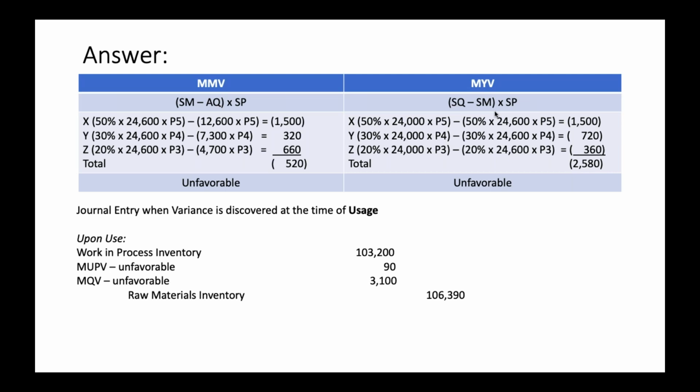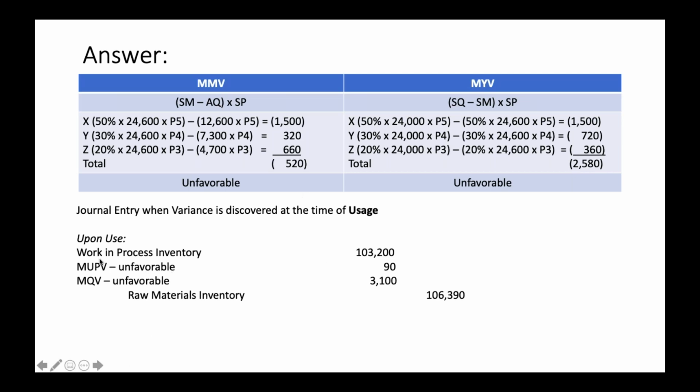Now let's go to the entries. Now when we do an entry for material mix and material yield, this is always discovered only upon use, not upon purchase.